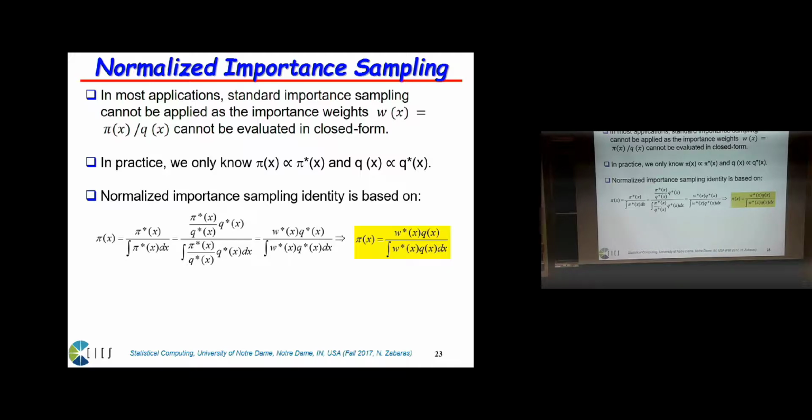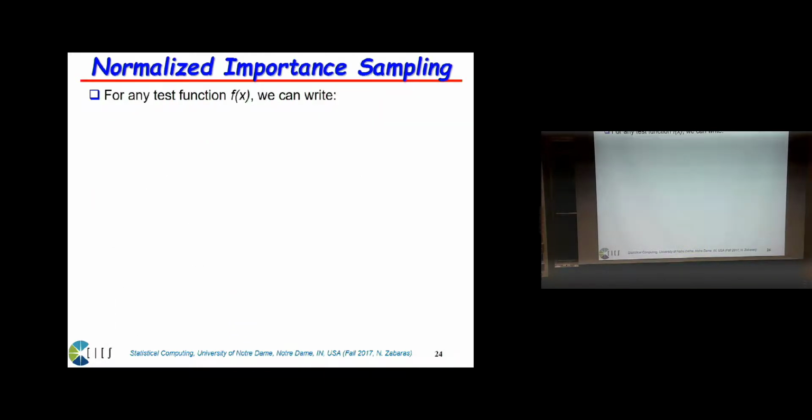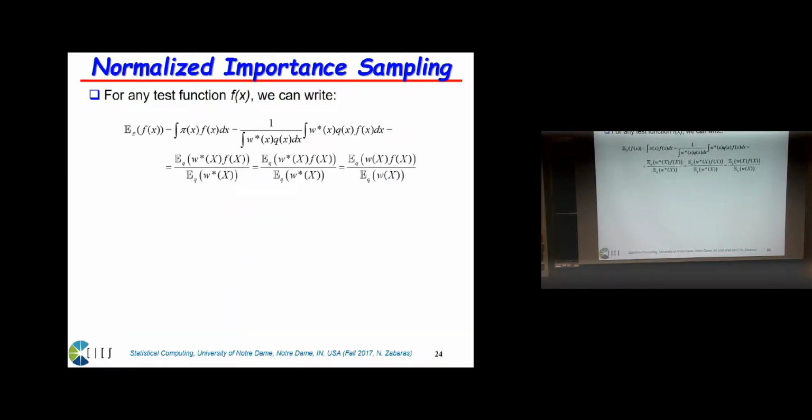But let's see, can we actually do estimations using these w star weights and not w? So let's see the calculation. This is our objective. We want the expectation of f under pi.